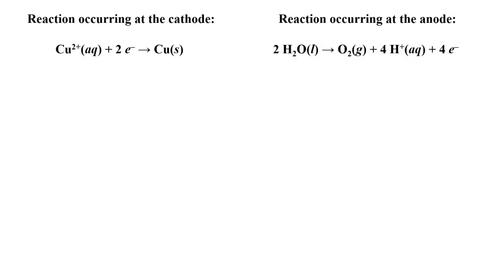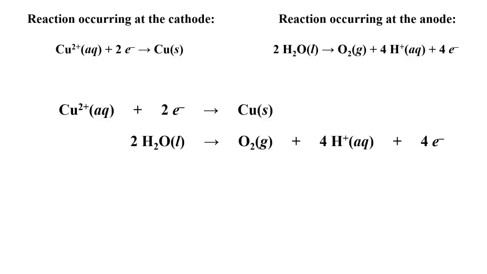We have the reduction reaction involving the gain of electrons, and we have the oxidation reaction involving the loss of electrons. And you may already have noticed the problem in that our reduction half reaction involves the gain of 2 electrons. Our oxidation half reaction involves the loss of 4 electrons.